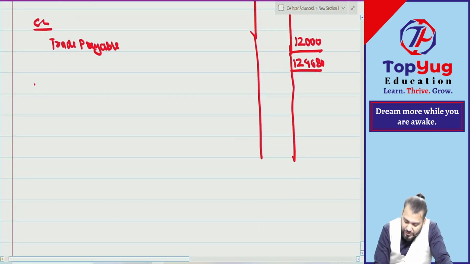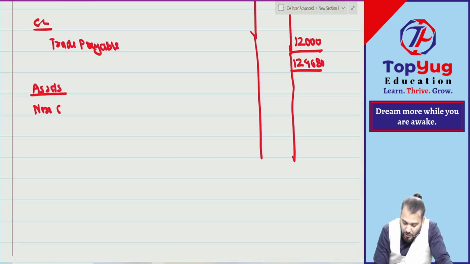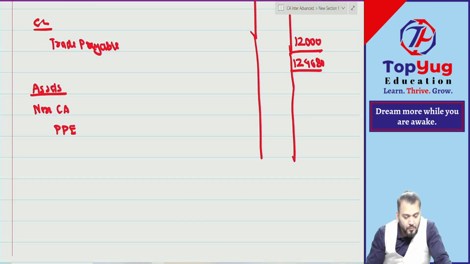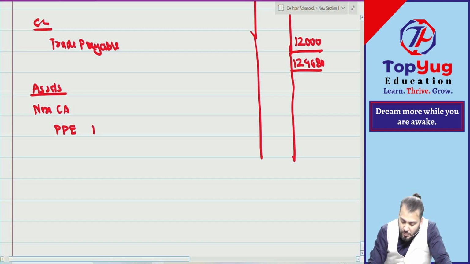Then coming to assets. Non-current assets. First, can you give me PPE? What do we have? We have plant. So plant, how much is gone? 19,000.